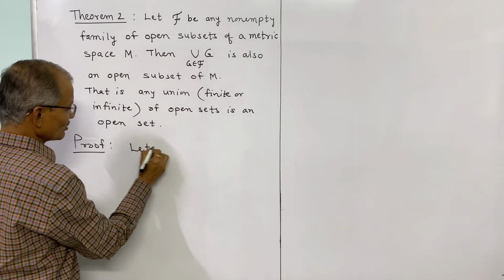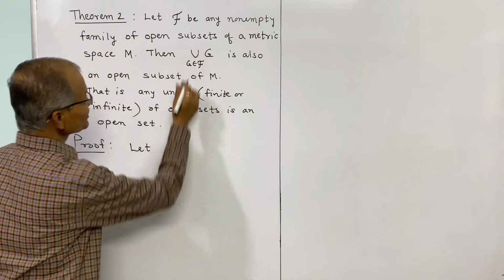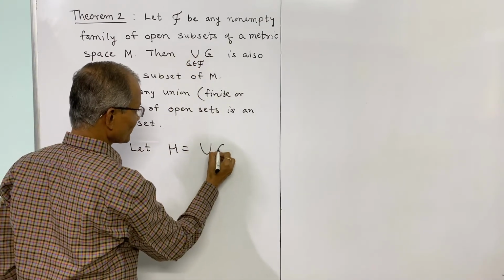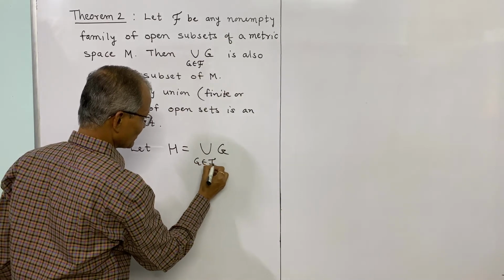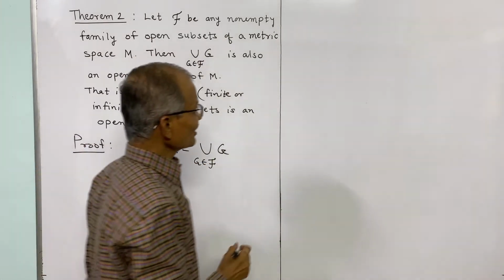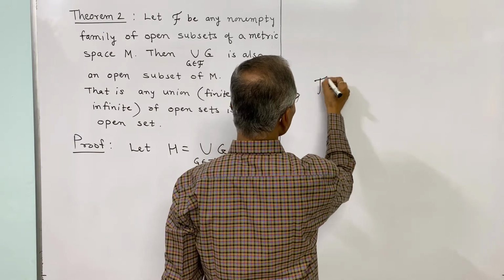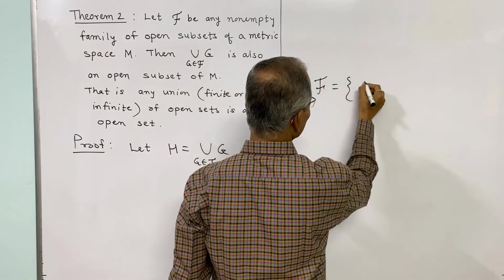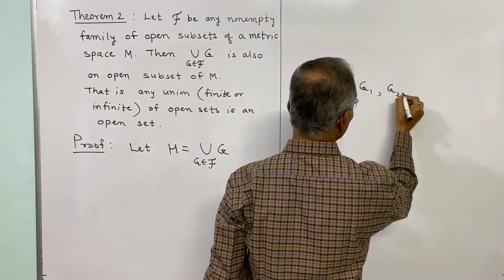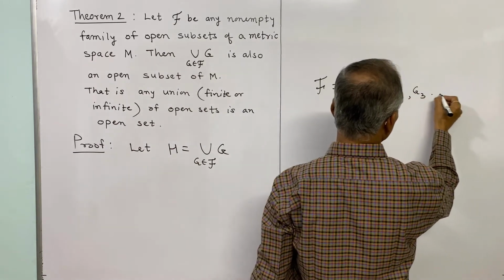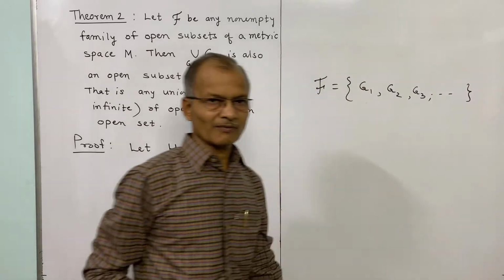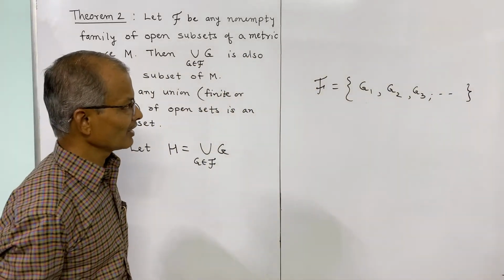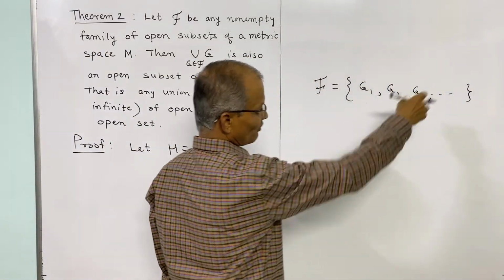Let us denote this set as H, which is the union of G, where G belongs to the family script F. What will this F be? It is the collection of sets G1, G2, G3, etc., finite or infinite, countable or uncountable, where these are open sets.